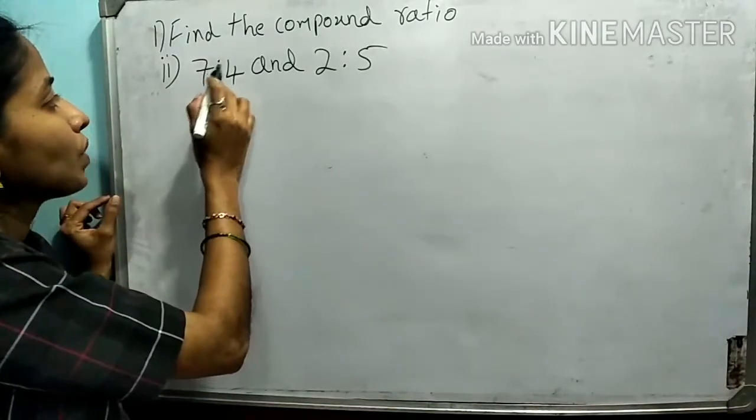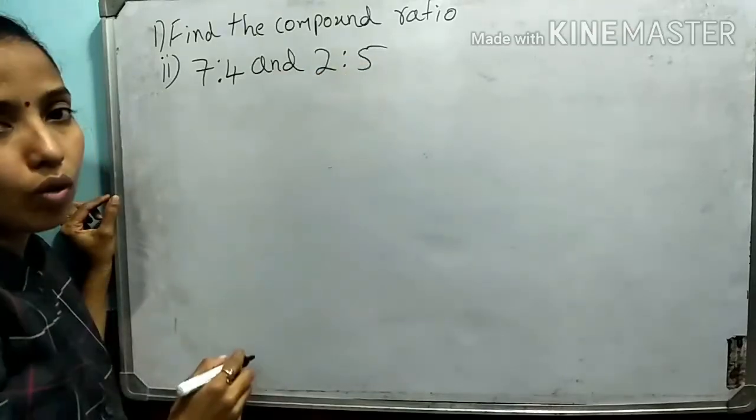Second problem. 7 is to 4 and 2 is to 5.